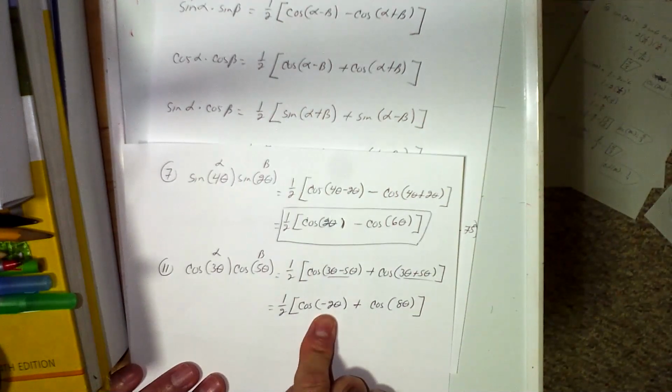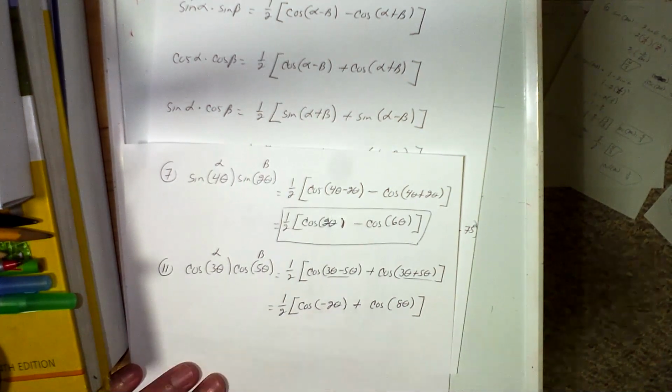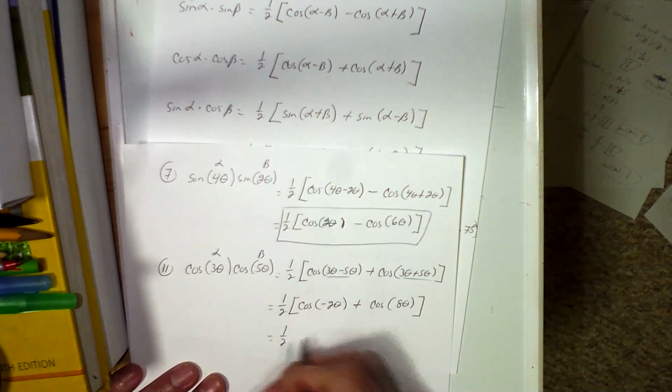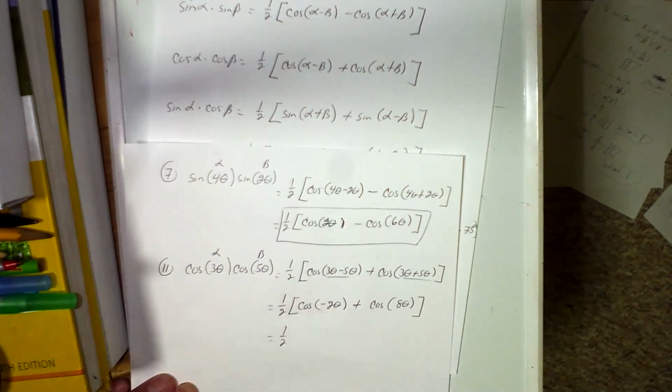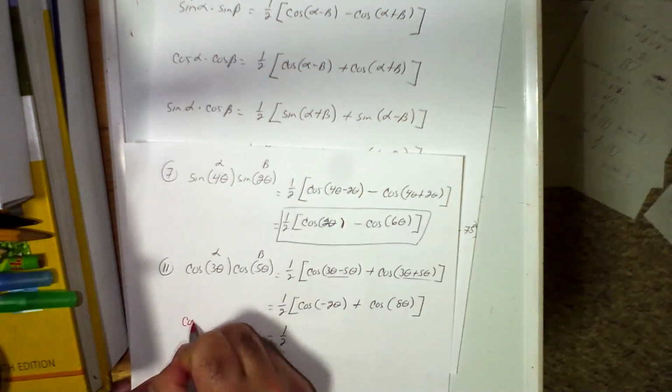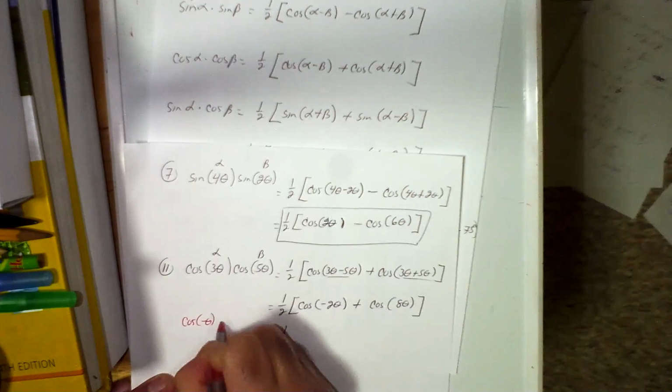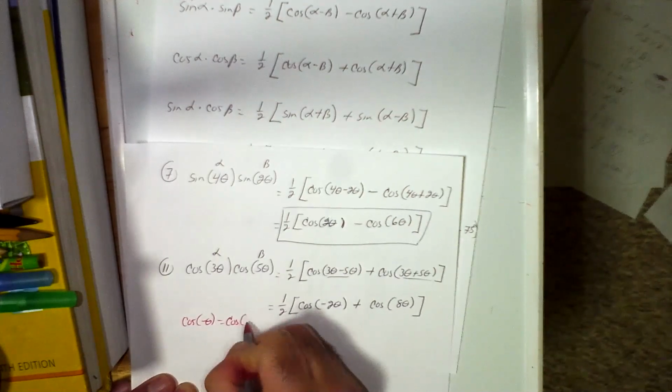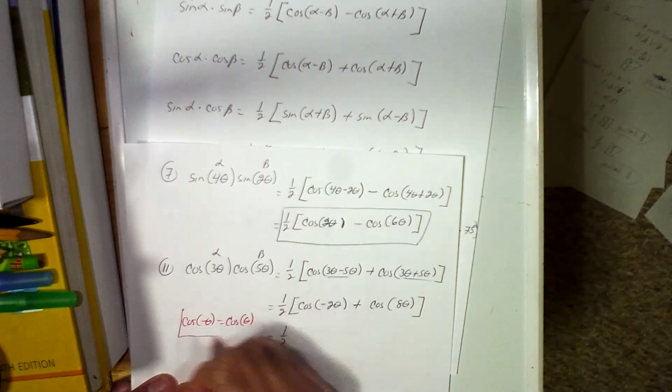So you guys remember, cosine is an even function. So what happens to the negative? It goes away. Because cosine, remember the rule is that for cosine of a negative angle, the negative disappears. That was a rule, right?